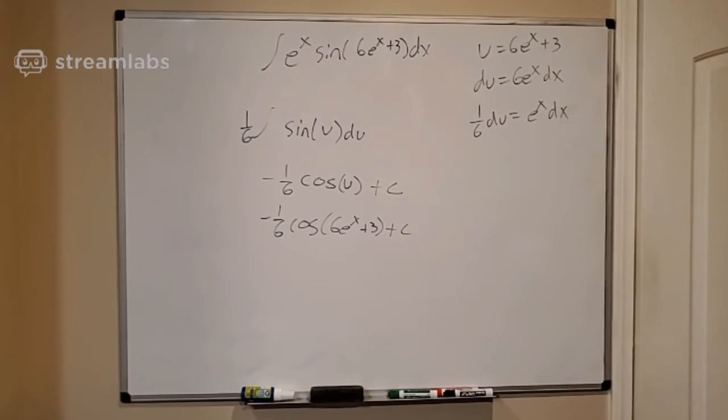Clearly, it's not an ln, because if it was an ln, you would have something on top that would be the derivative of the bottom, which does not happen here. So A is thrown out right out the gate. It's also going to have to be negative because you have that negative in front of the x squared, so you're going to have to factor a negative out. So it's B or C at that point.